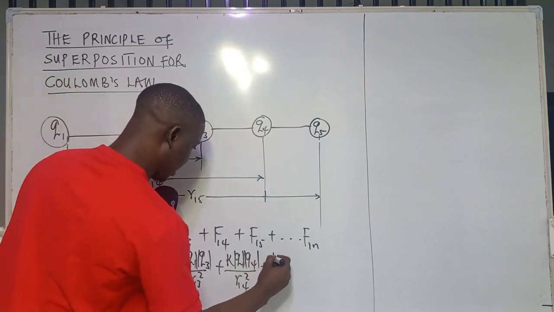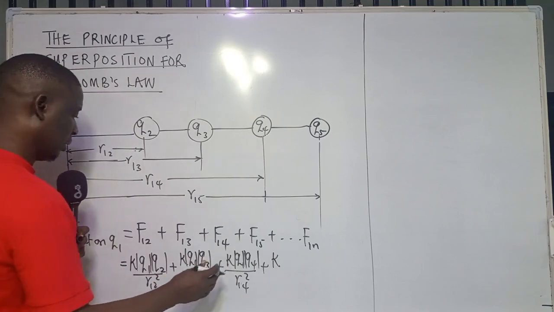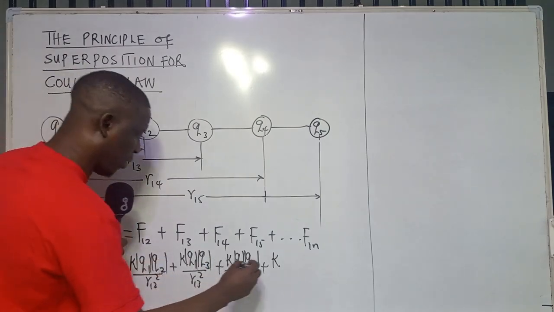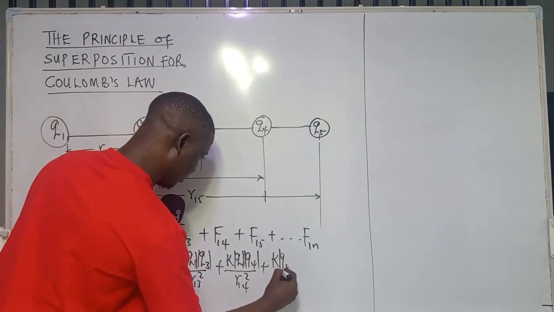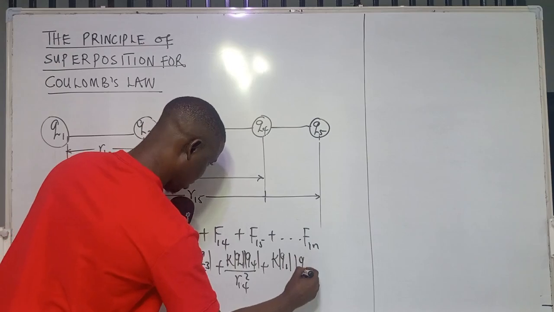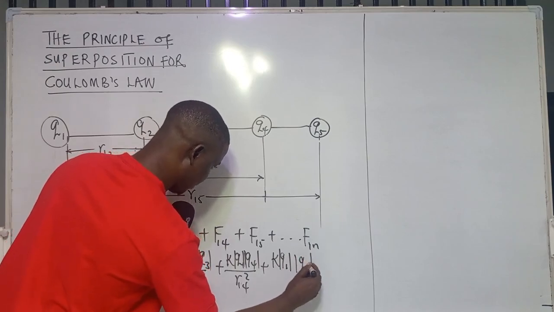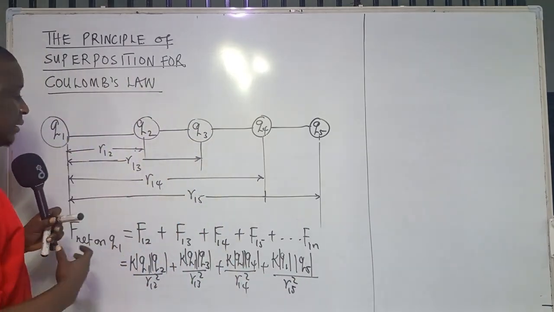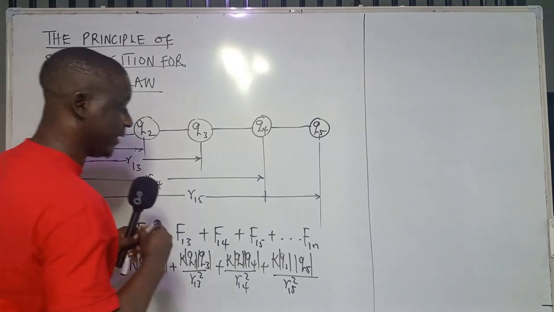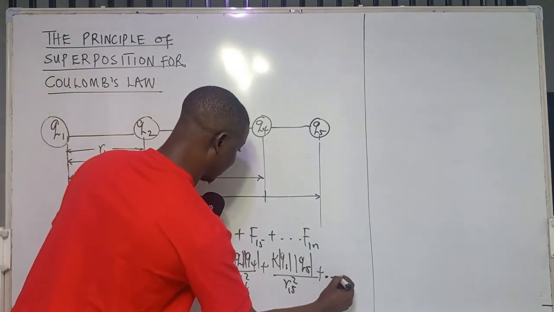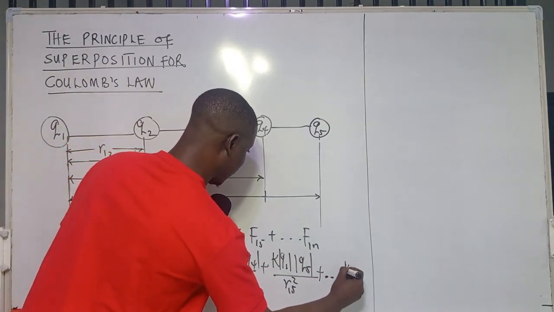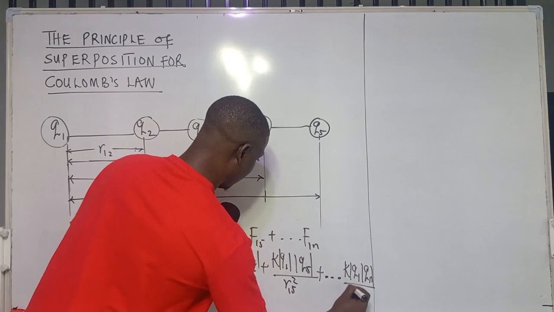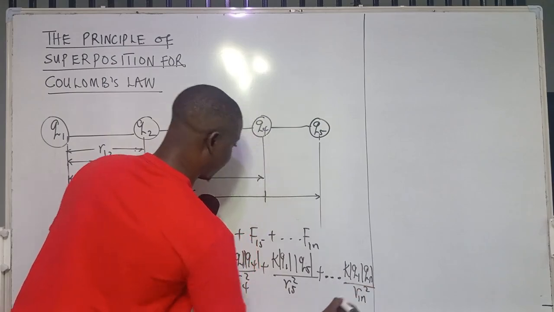Then k and so forth. This is 1,2, 1,3, 1,4, 1,5, kQ1Q5 over R15 squared. Then you can go ahead to plus dash dash dash, kQ1Qn over R1n squared.